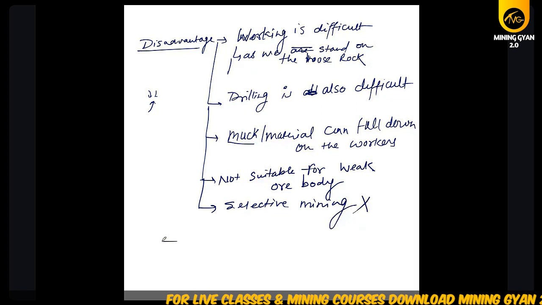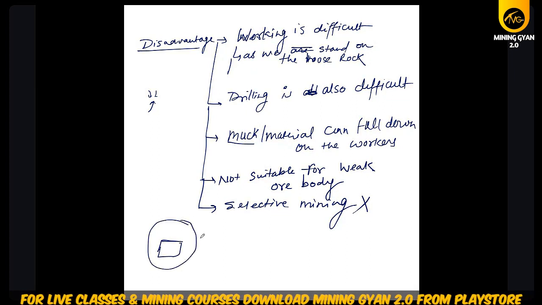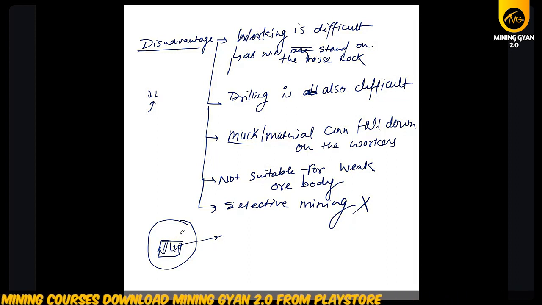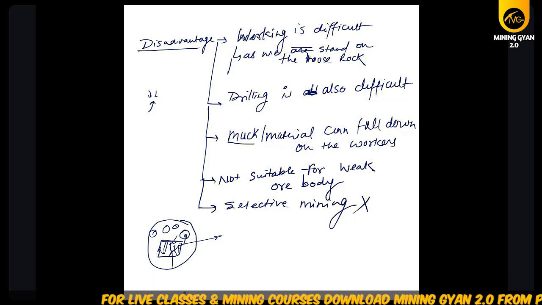In selective mining, if we think that this is our ore body and this part is not good for us to extract, then we can leave it. This is selective mining. Like if this material is good in quality, we extract these and leave this one. So maybe you have understood what is selective mining. Means some part we can extract and some part we can leave.